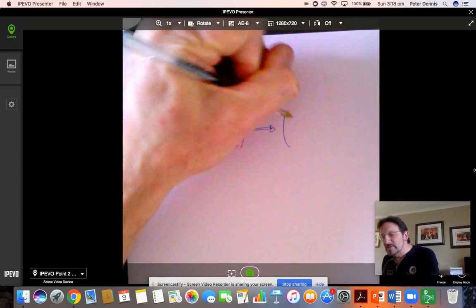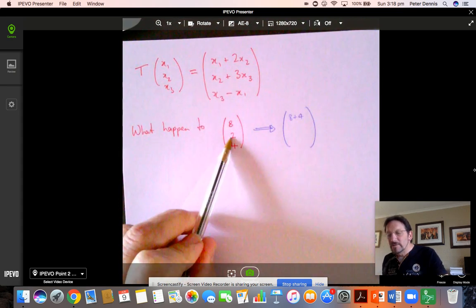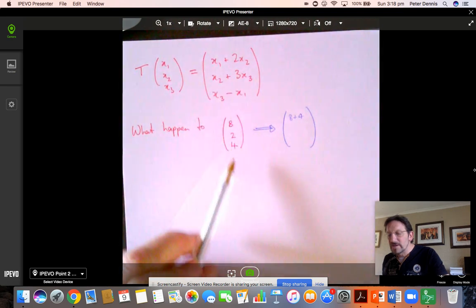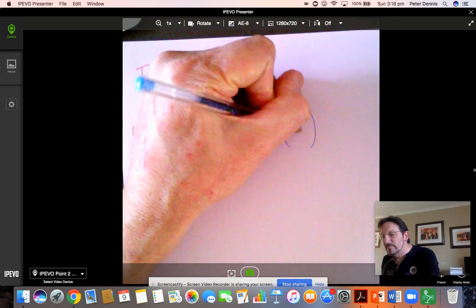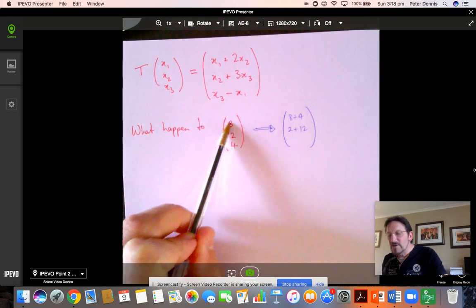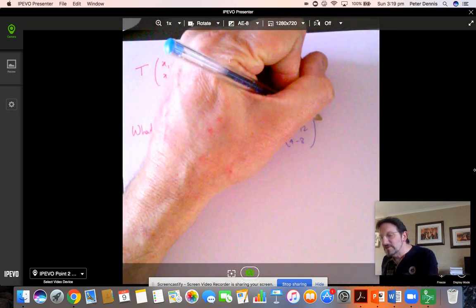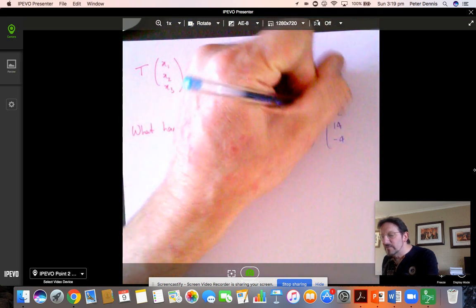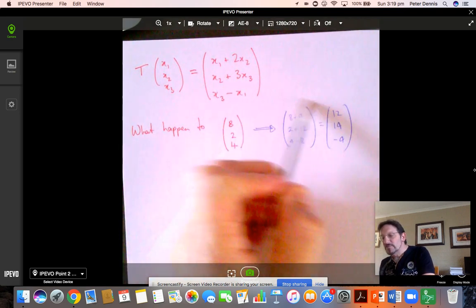So this becomes 8 plus 4. x2 becomes x2 plus 3x3, so 2 plus 12. And x3 becomes x3 minus x1, so 4 minus 8. So after the transformation it equals 12, 14, minus 4. And that's all it is. We've taken this point and we've transformed it onto here.